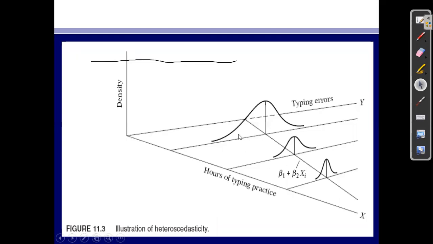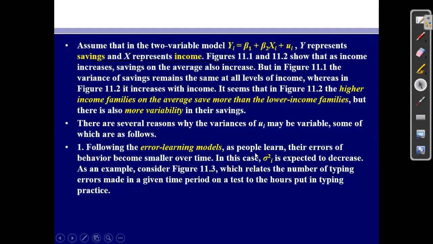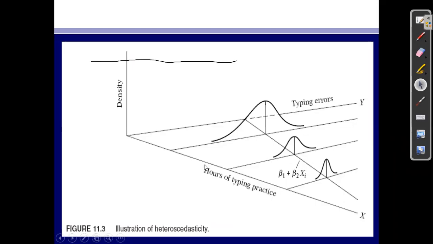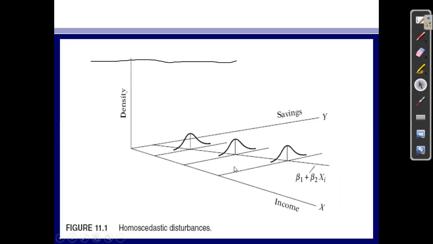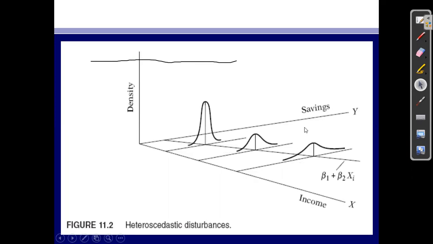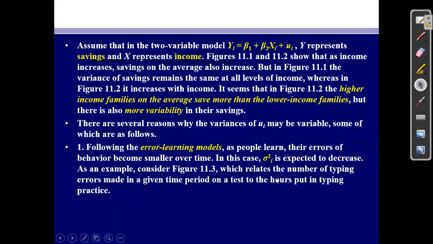Let me show you this particular example, okay? This is a very old example, but it will give you the idea. Now this is opposite to this situation. In the example where y is saving and x is income, the variance of y is increasing as x increases. So we say that there is heteroscedasticity.